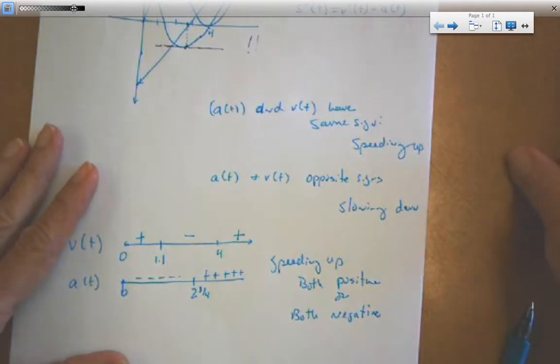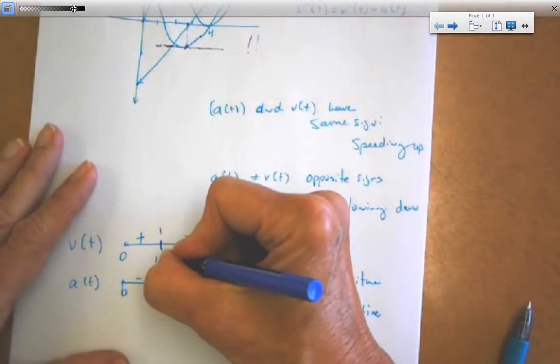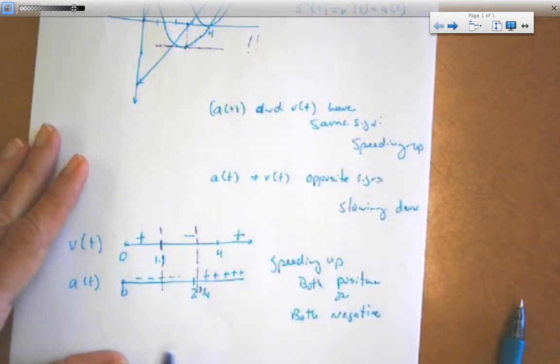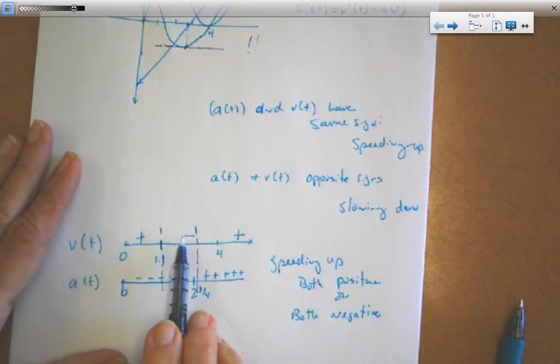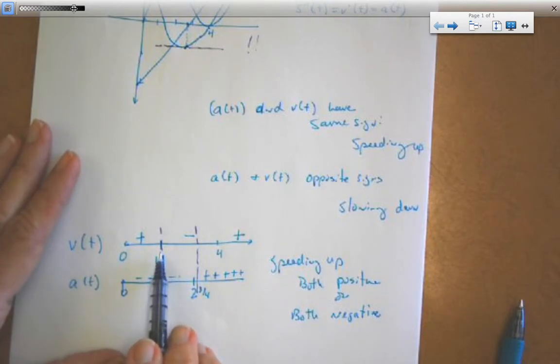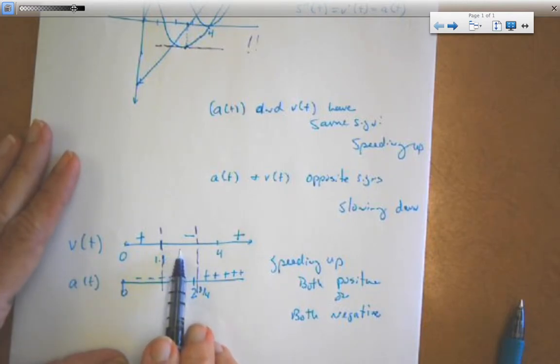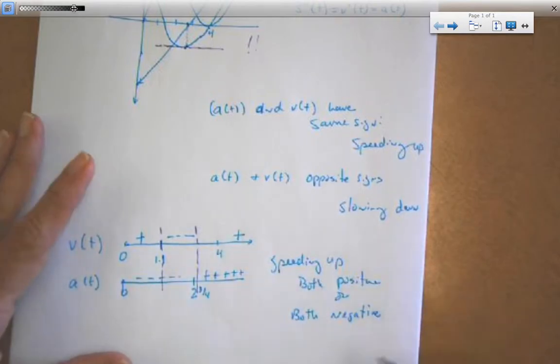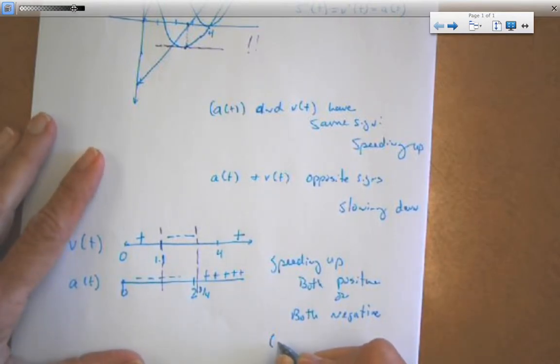Well, notice, take a pencil and notice that acceleration and velocity both are negative in the region from velocity's x-intercept over to acceleration's x-intercept. So if they're both negative in this region, then it is speeding up from 1.1 to 2 3/4.